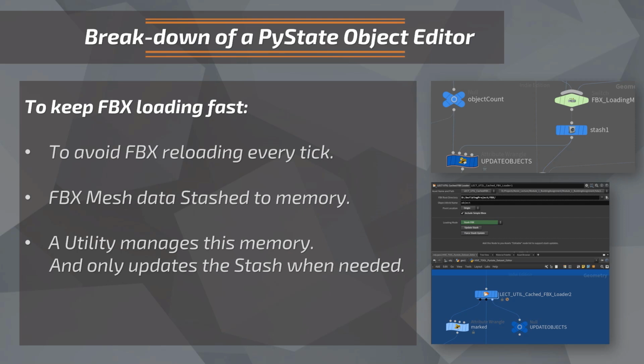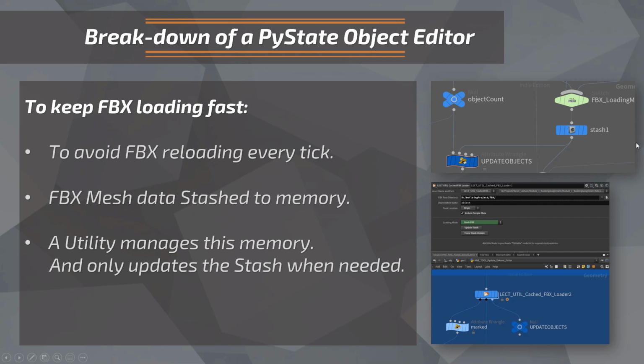But then below that, I have this stash node installed. And the stash node caches all the objects that are being loaded from the file node to memory. And then the rest of the tool just loads the objects from there and copies them to the points in the scene, to the instances in the scene.